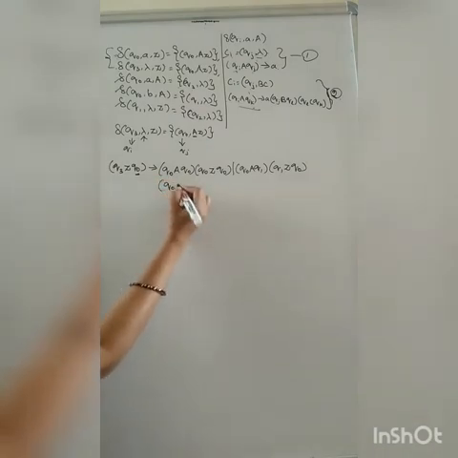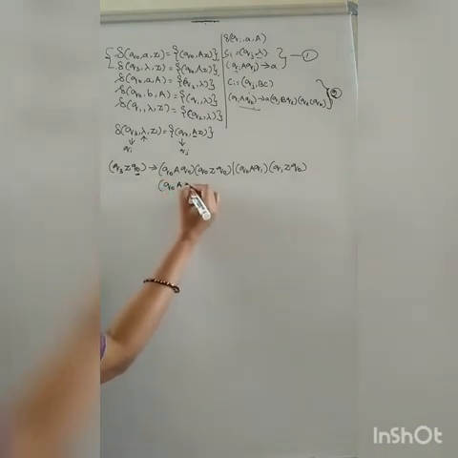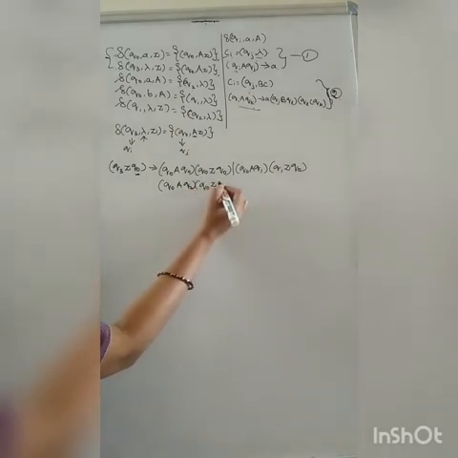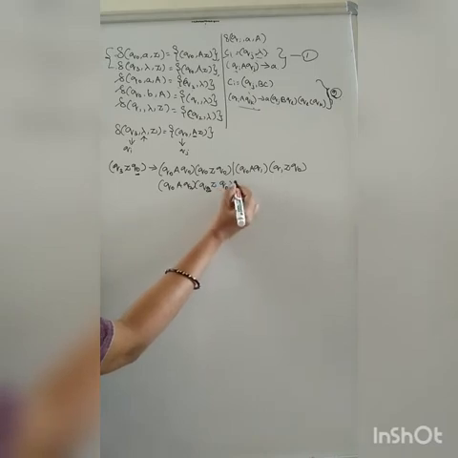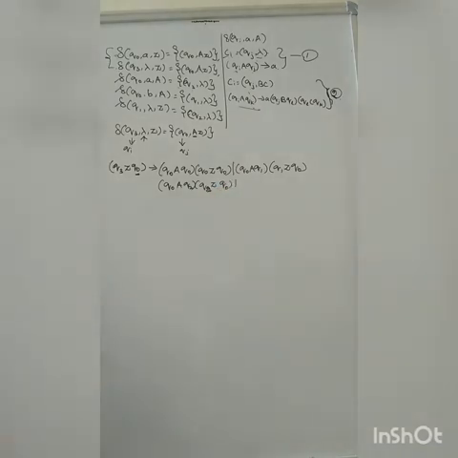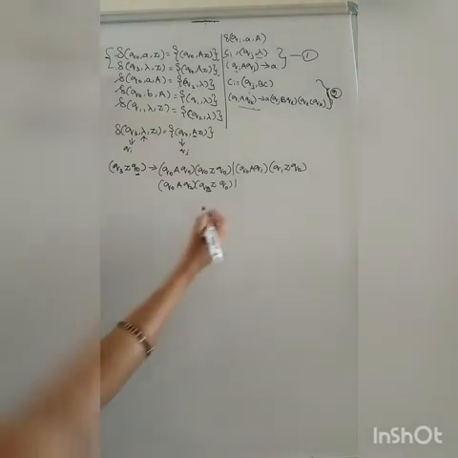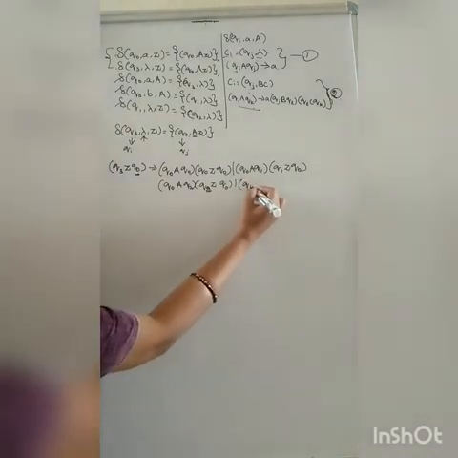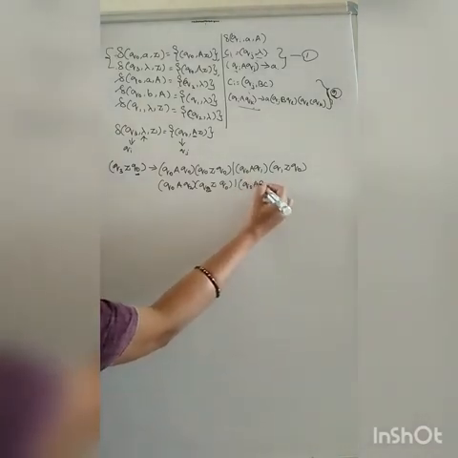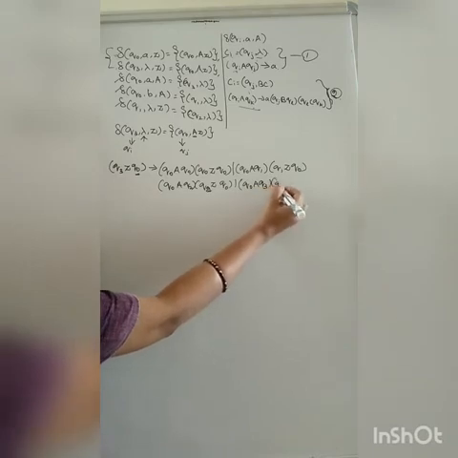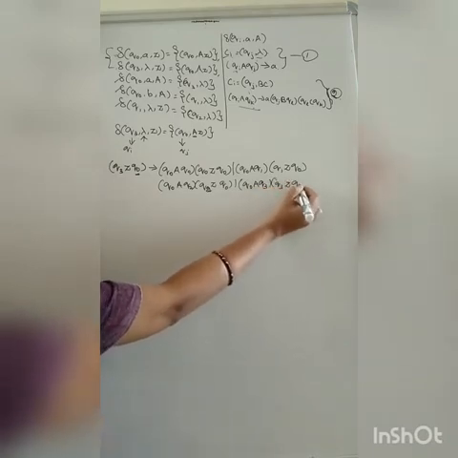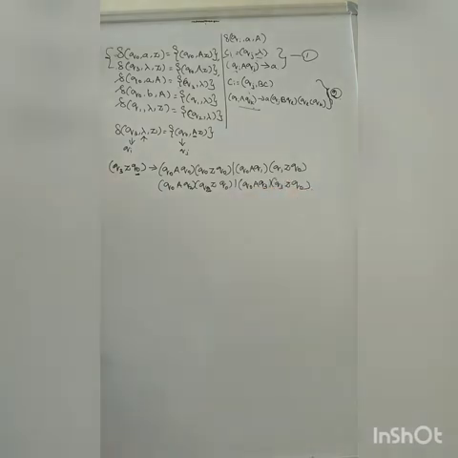Next, we can write q0 a q2, then q2 z q0. Next, we have to write for the next possibility of ql. So a q3, then q3 z q0.